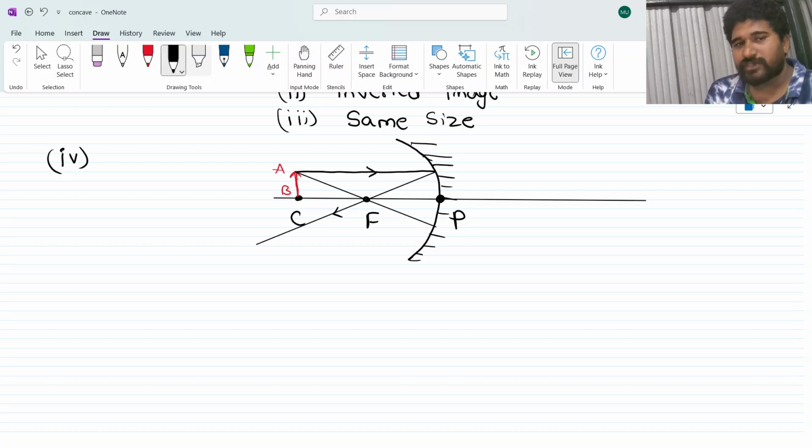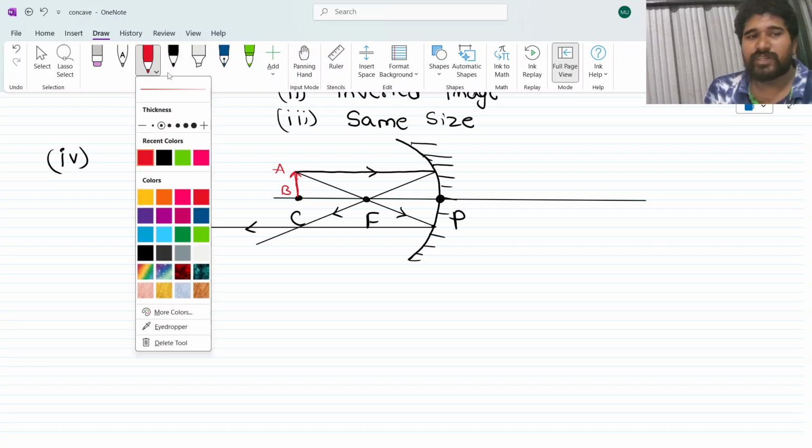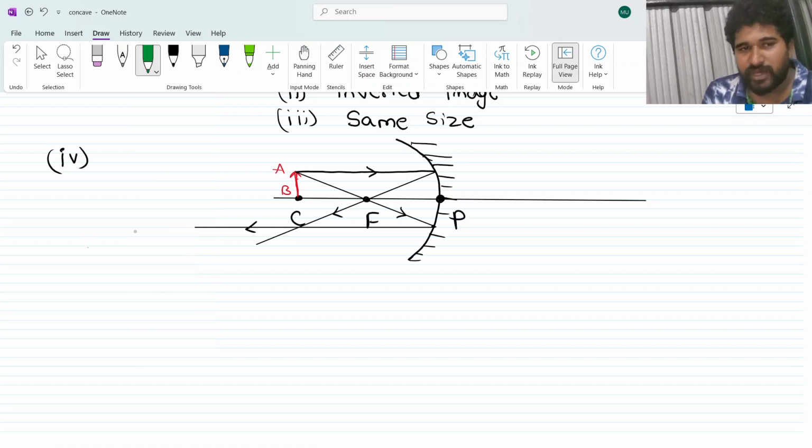When you take it passing through the focus, yes, it will come parallel to the principal axis. So see this image.